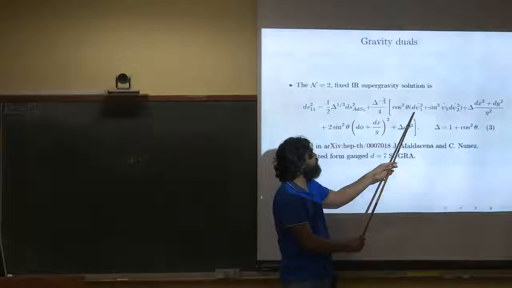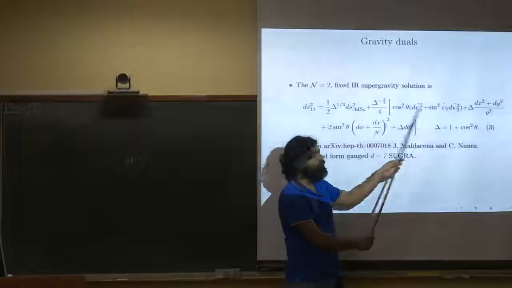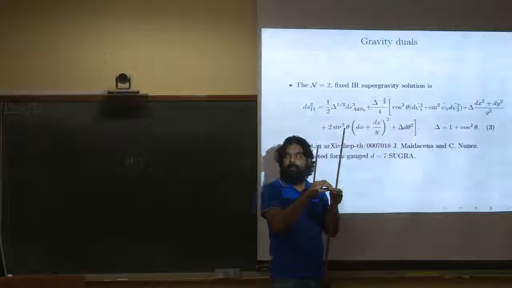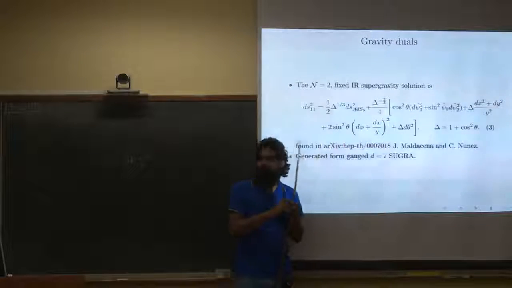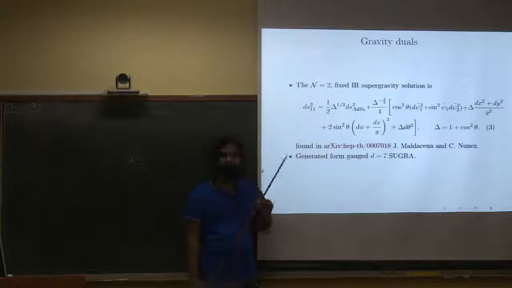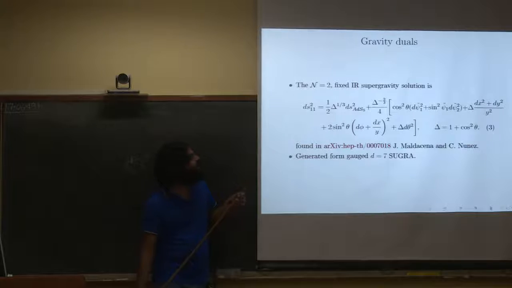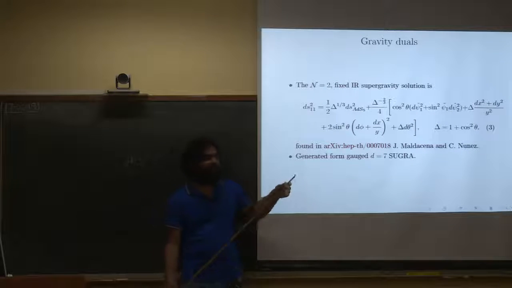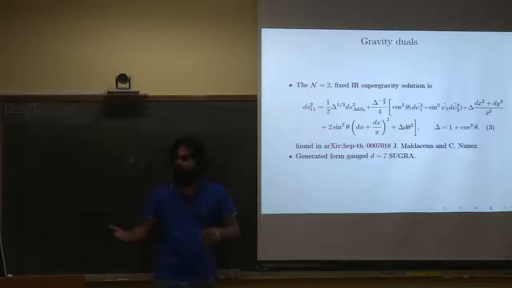But it's at the point where theta is pi by 2, such that the S2 sphere shrinks to a point. Yes, it's like the origin of R3. And that's it. This is the placement which preserves the required symmetries.